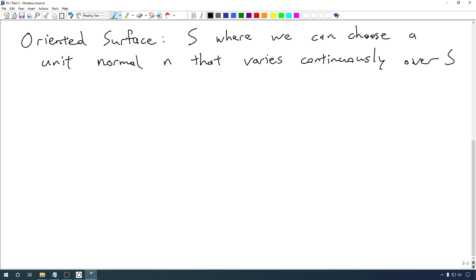Technically, we could get into the more precise definitions of continuous, but that doesn't really matter to us right now. Note here that the orientation itself is n. The unit normal that we've chosen is going to be our orientation.